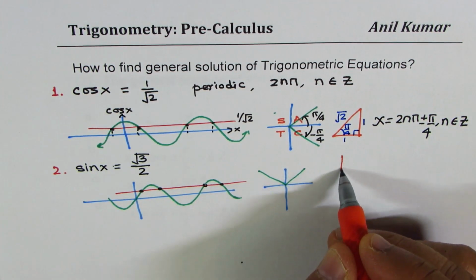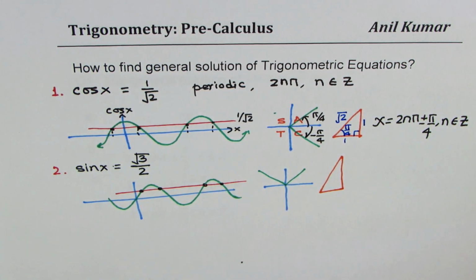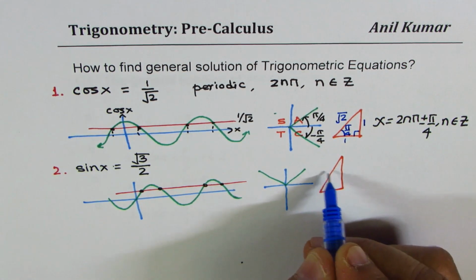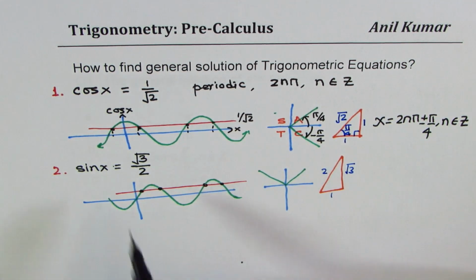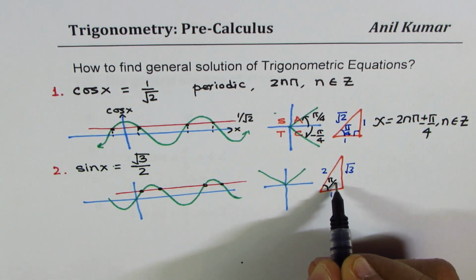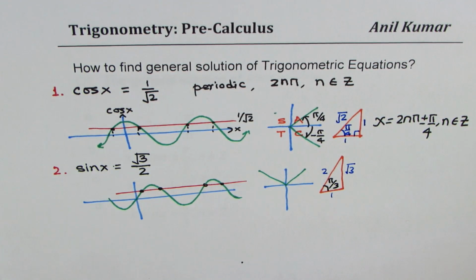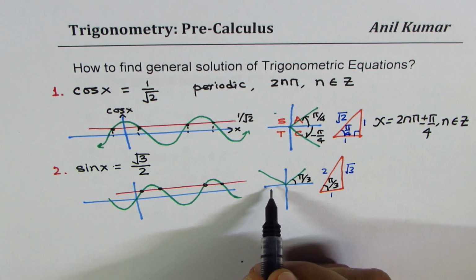Perfect. We can consider a special triangle. You can always use a calculator. So in this special triangle, the sides are 1, 2 and square root 3. For sine being square root 3 over 2, we are looking at this angle, which is pi by 3. Perfect. So we have pi by 3 here. And what is this angle?